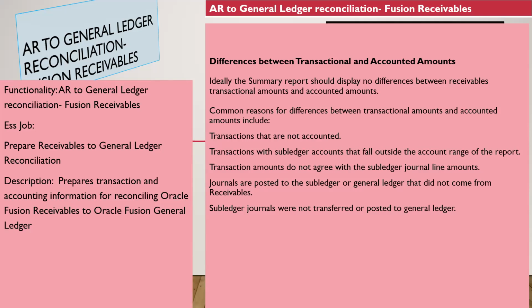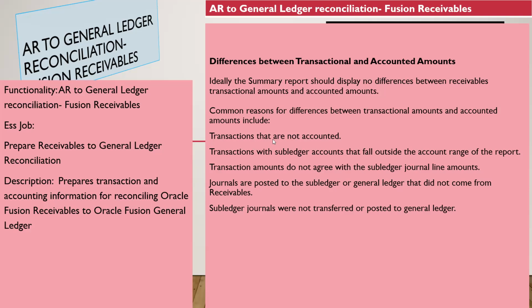Ideally, all the information has to come from your subledger module itself only. But there could be a possibility where business users pass entries in the GL module directly using the natural account of receivables. That's where the balances will come out. So these are the generic things which you can keep in mind while running this program for reconciliation purposes.